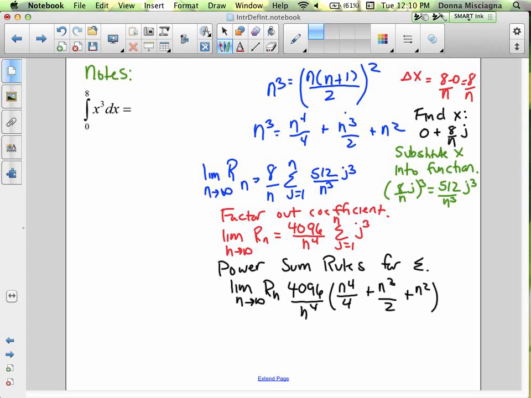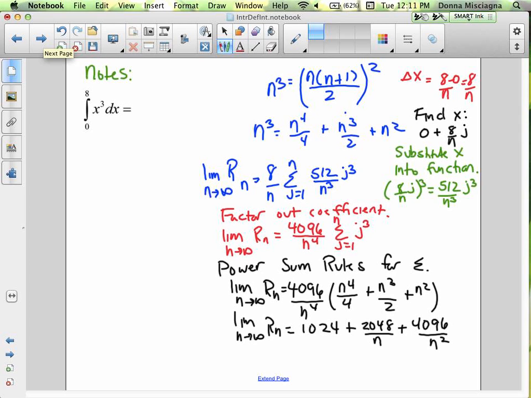And so we'll distribute. So we have the limit as n approaches infinity, R subscript n is equal to, right? So the n to the 4th are going to cancel. 4096 divided by 4 would be 1024 plus 4096 divided by 2 would be 2048 divided by n, and then plus 4,096 divided by n squared would be left in the denominator.